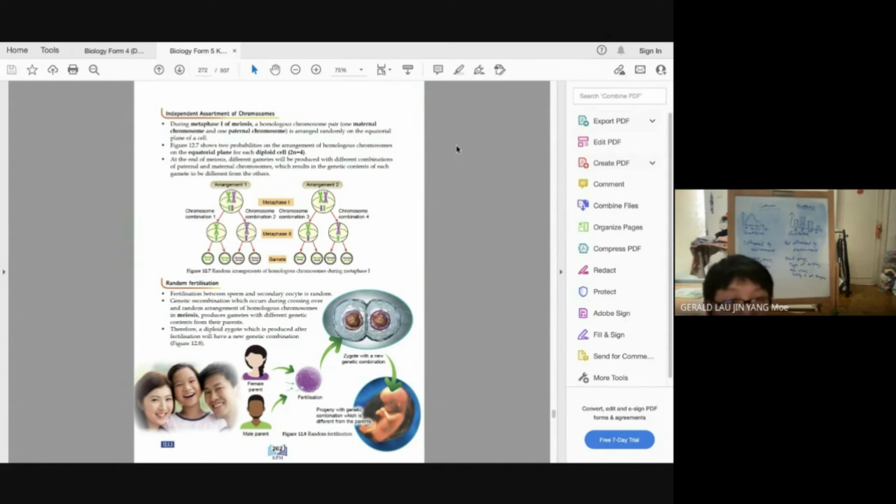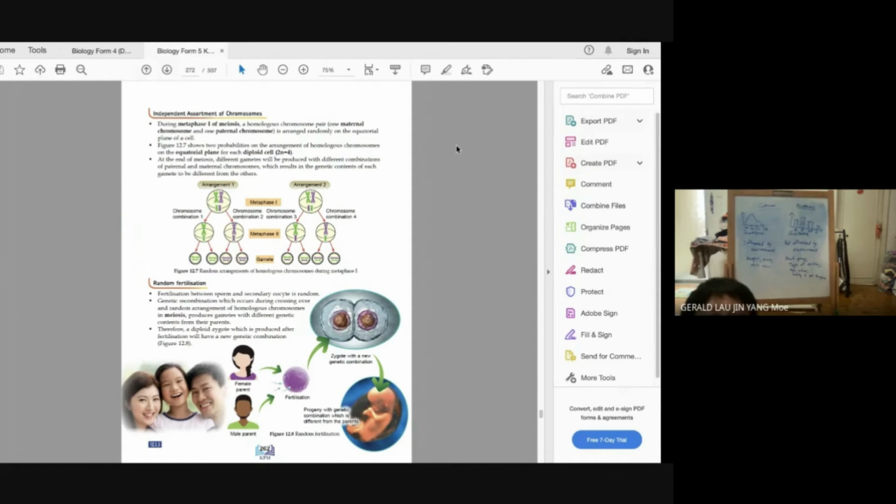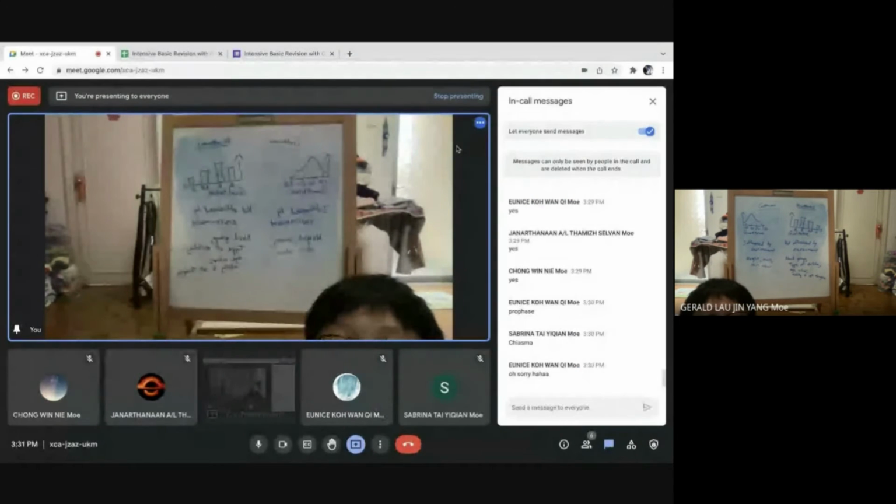So this will also produce different types of gametes lah. This is called independent assortment: homologous chromosomes are arranged independently and randomly at the equatorial plane. Do you understand this? Independent assortment should be okay, right?